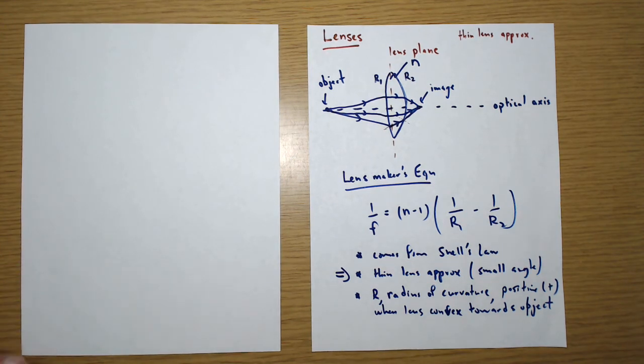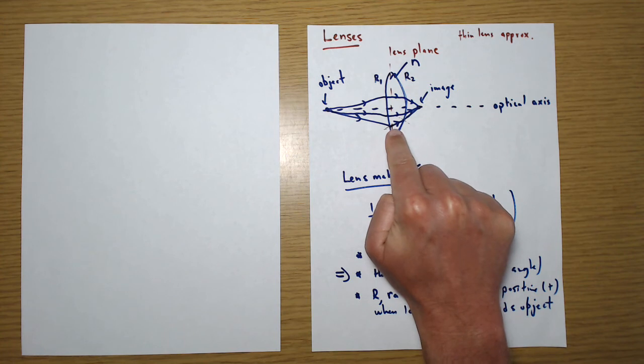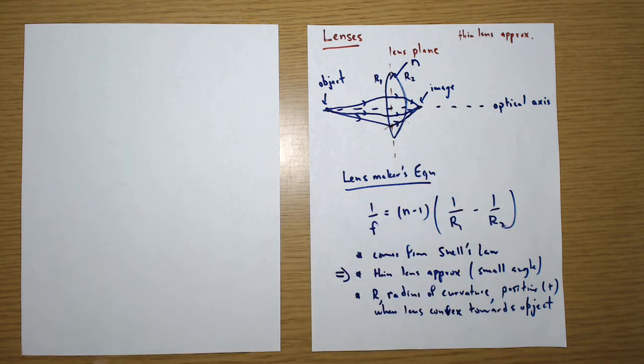All right, now in an actual lens, you see that there are 2 points of refraction. Light bends there and there. In what follows, just for practical purposes, when we're sketching this, we're going to sketch everything as if the refraction only happens along the lens plane, and we're going to ignore the thickness of the lens.